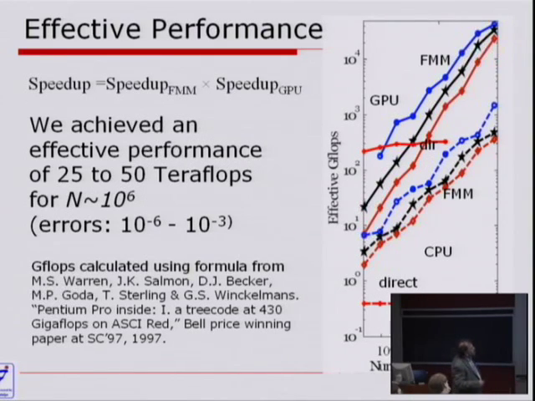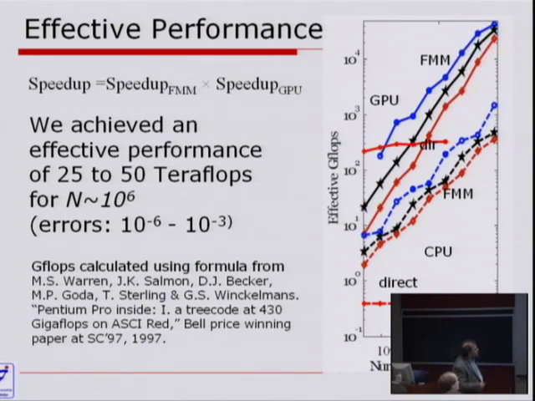But what is this speedup now? We achieved these speedups. We evaluate 25 to 50 teraflops compared to serial code. Of course, nobody will compute a million particle interactions directly on CPUs with serial code. But if you compare with that, it's actually the speedup provided by the algorithmic speedup due to FMM, and the speedup due to use of the GPU.